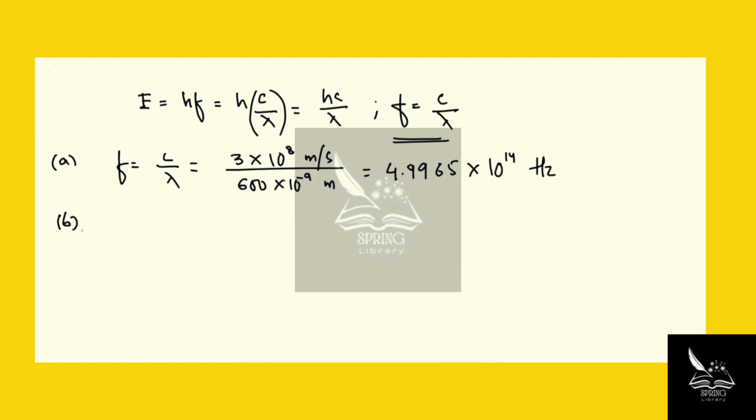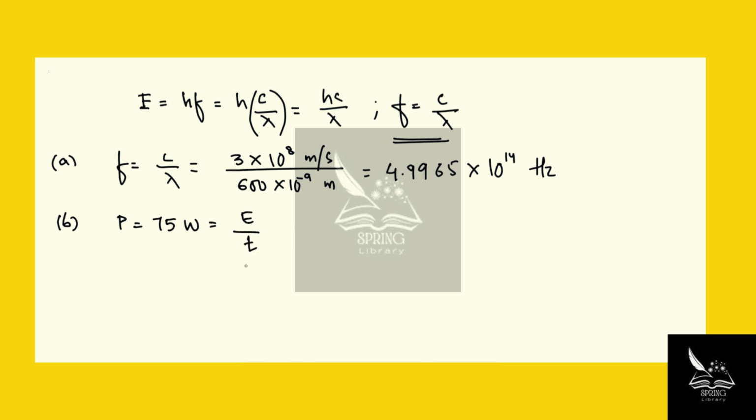Now, for the second part, we have to find the number of photons. So, we are given the power to be equal to 75 watts, and we know that power is energy per unit time.